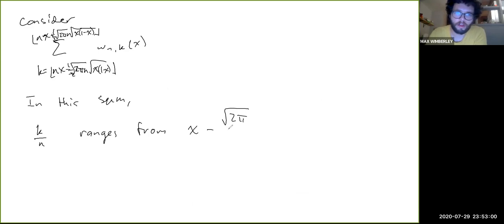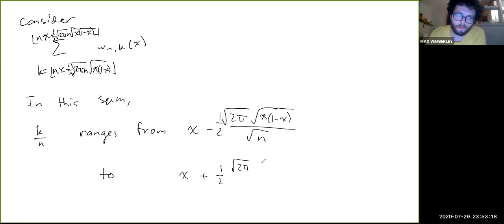So we have x minus 1/2 square root of 2 pi square root of x(1 minus x) over square root of n, to x plus 1/2 square root of 2 pi square root of x(1 minus x) over square root of n.